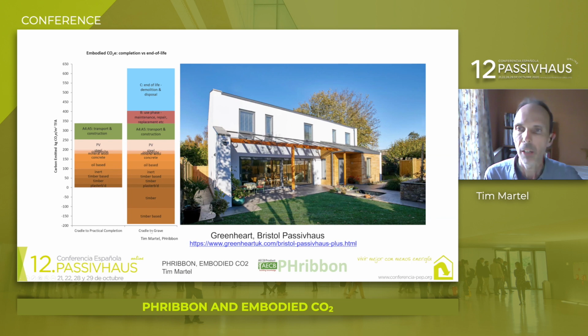If you're doing cradle to grave, as in PHribbon, then you include the timber storage. This is below zero. Timber storage, that's the CO2 taken out of the atmosphere for the timber. Also for the timber-based materials, so that's cellulose and wood fibre. And there's also the in-use phase, B, and the end-of-life stage, C.